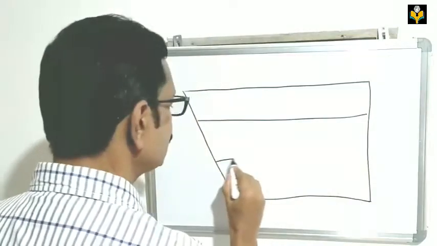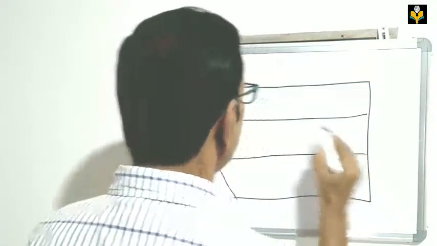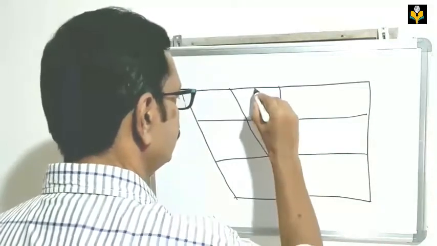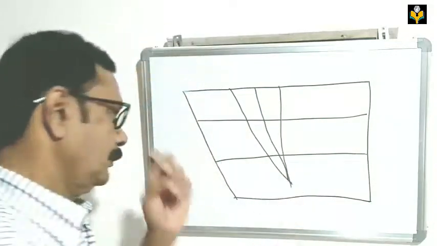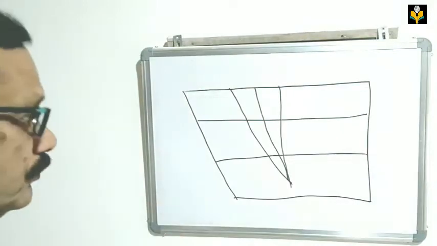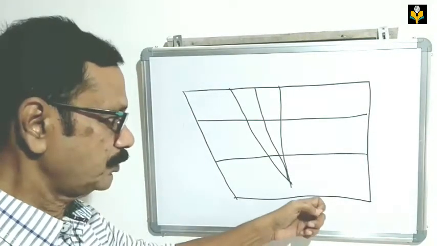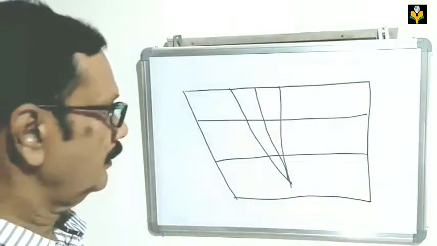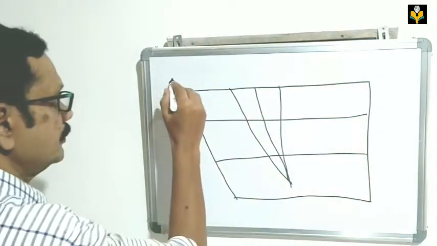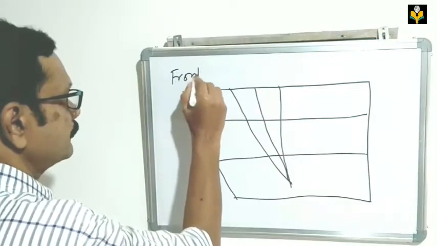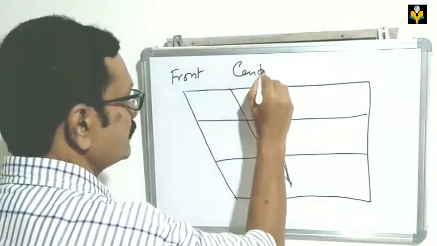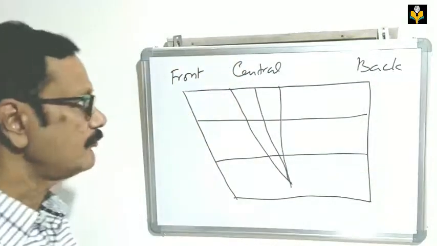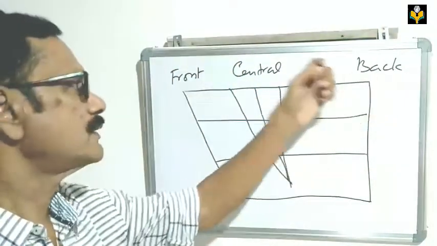Try to practice drawing this diagram. This is the tongue position. Suppose this is the tongue, so it is raised. Here it is front, central, back. Front vowel, back vowel, central vowel.